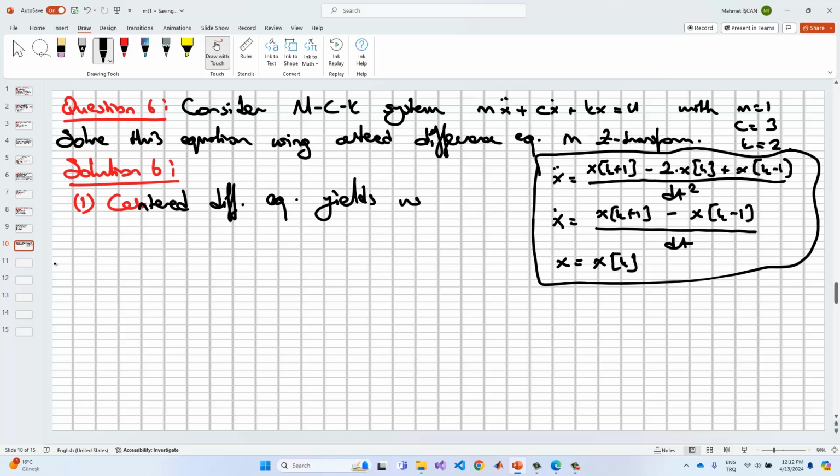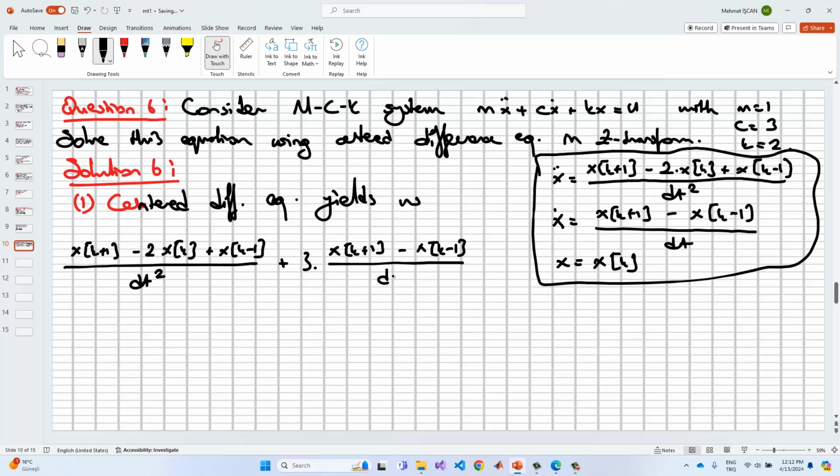Okay, and so if you write the equation, x_(k+1) minus 2 x_k plus x_(k-1) divided by dt square, because m is equal to 1. Okay, and also plus 3, the c coefficient in here, times x_(k+1) minus x_(k-1) divided by dt.